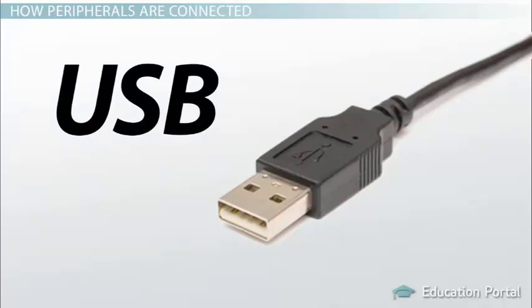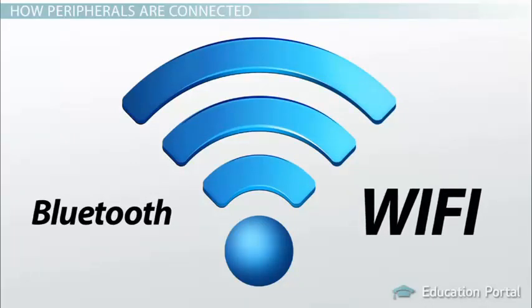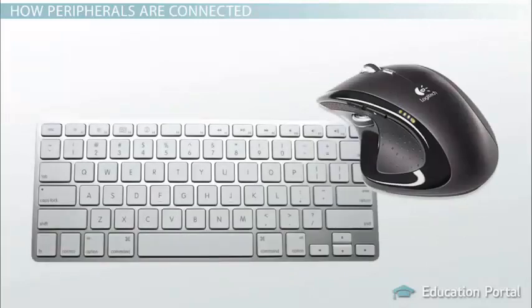A wireless connection does not require a cable. The most widely used wireless connections are Bluetooth and Wi-Fi. Both are good for very short distances, so peripherals such as a wireless mouse and keyboard typically use a Bluetooth connection. Wi-Fi is good for longer distances.